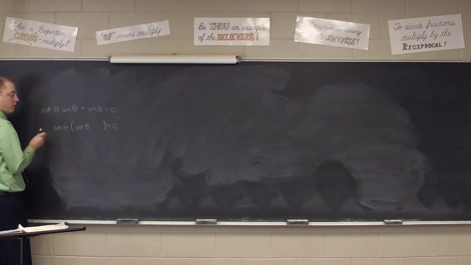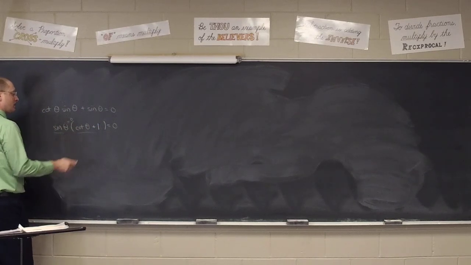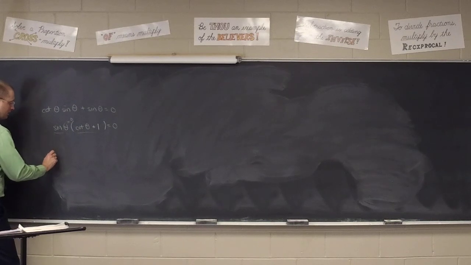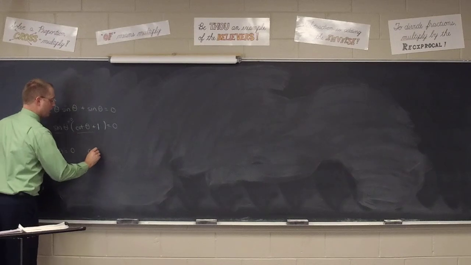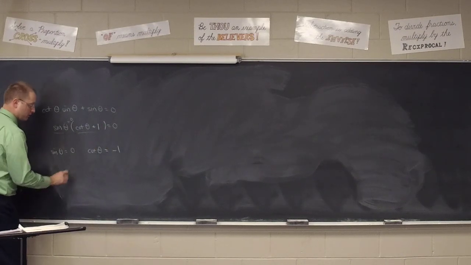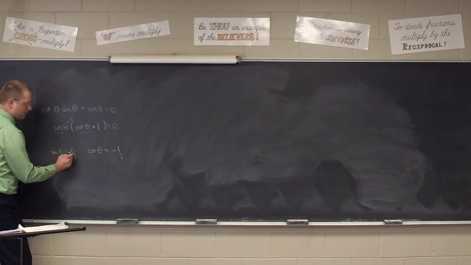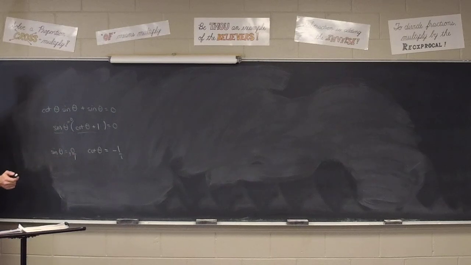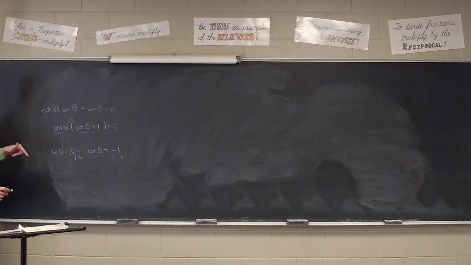You pull a sine out, and you set each of these equal to 0 to get sine theta equals 0 and cotangent theta plus 1 equals 0. Cotangent theta would equal negative 1. In both cases, put them over 1. And in this case, let's go ahead and put a positive, negative, because it's neither, we could think of it as being both. When is opposite over hypotenuse 0 over 1? 90 degrees.